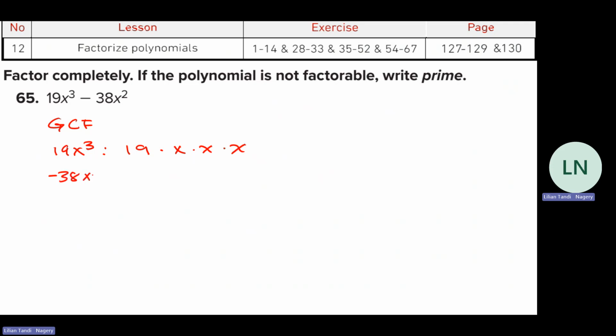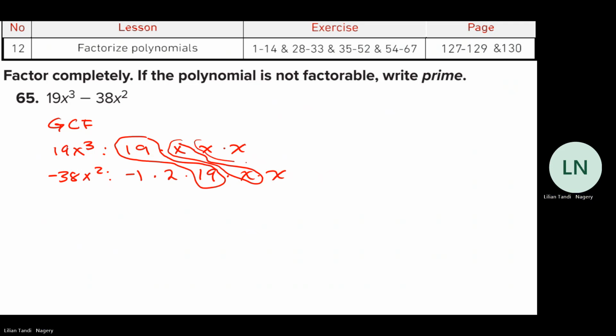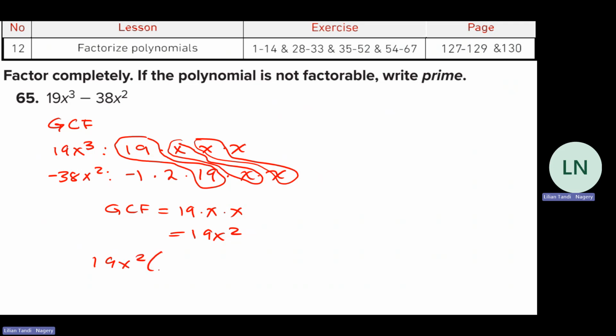Negative 38x squared becomes negative 1 dot 2 dot 19 dot x dot x. Okay, so common factor is 19 and x and x. So GCF will be 19 dot x, 19x squared, 19x squared outside, x minus 2.